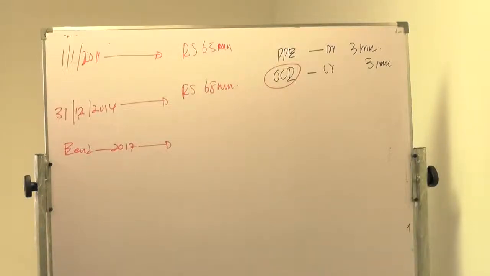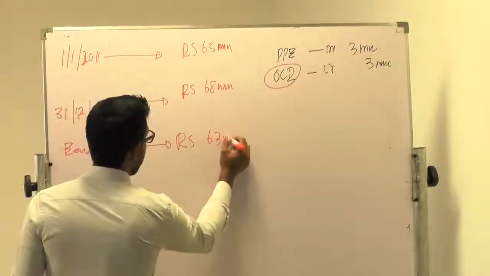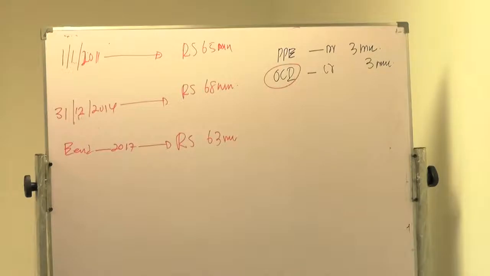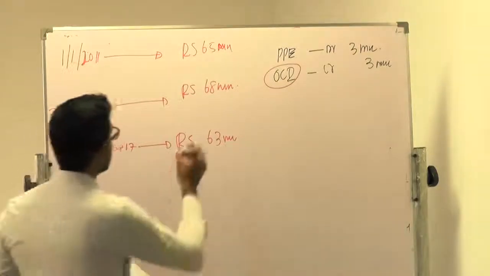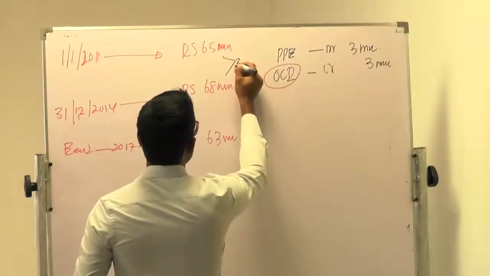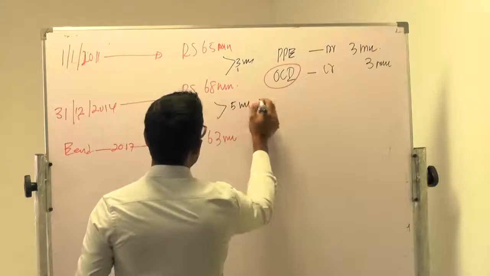As a result of the fall in the market, the fair value of this land reduced to rupees 63 million. Now you should understand revaluation gain or loss. Now how much is the loss? Revaluation loss from 68 reduced to 63, 5 million. So here the gap is 3 million, here the gap is 5 million.